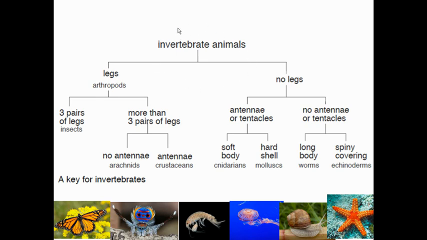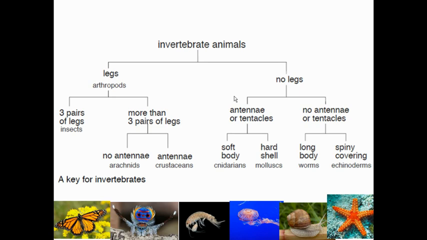Now we're dividing our invertebrate group into smaller groups again. So overall, there are 7 groups of invertebrates: 3 arthropods, so 3 groups of invertebrates that have legs, and 4 groups of invertebrates that don't have legs.